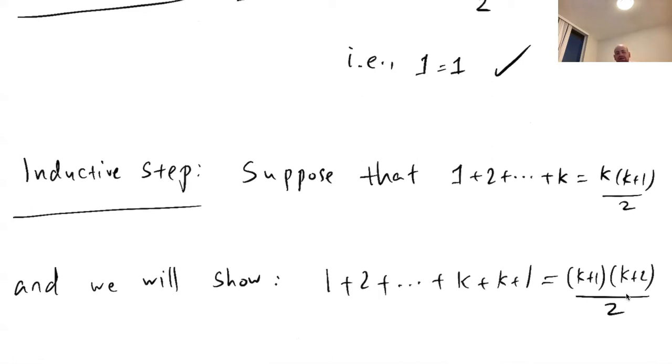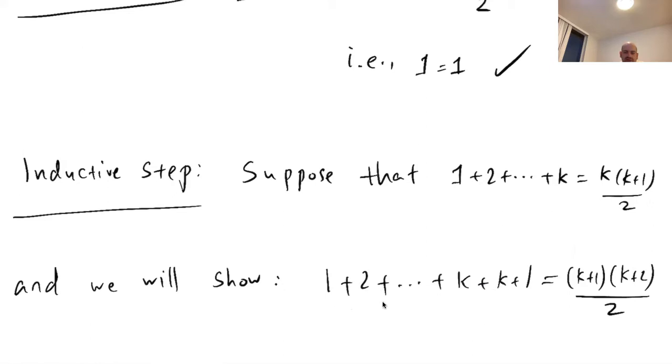So how can I connect? You know that in mathematics, whenever you have an assumption and a conclusion, your job is to try to make a connection between them. Here, the connection is obvious. Looking at the left-hand side of what we want to show, it says 1 plus all the way to k and then plus k plus 1.